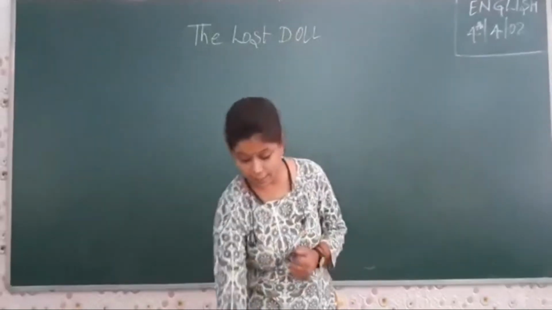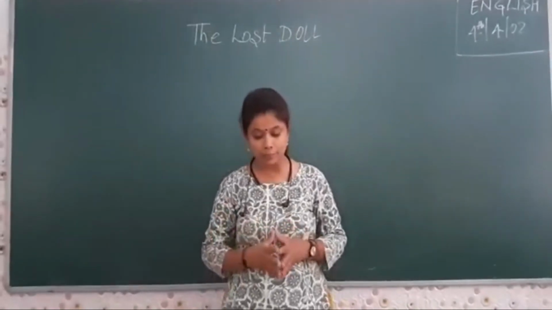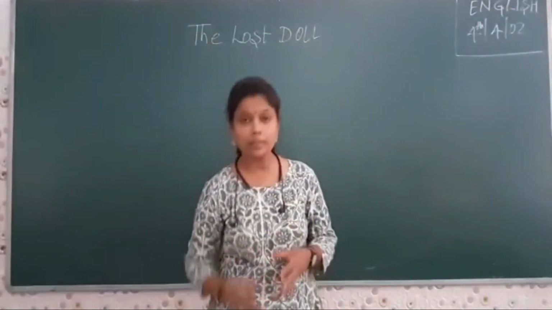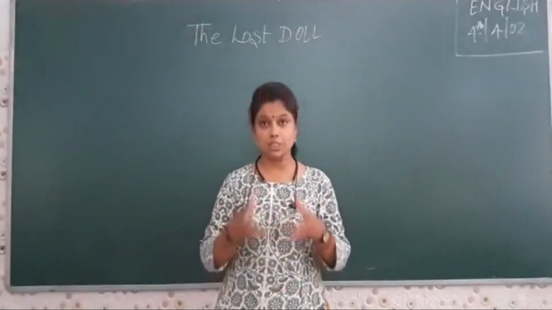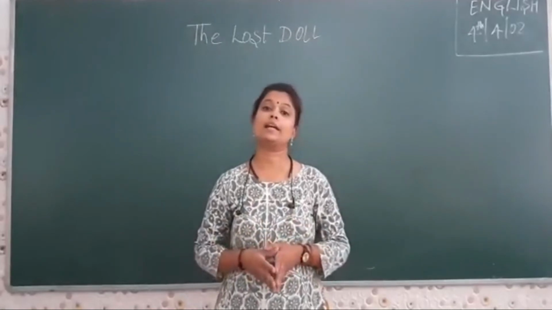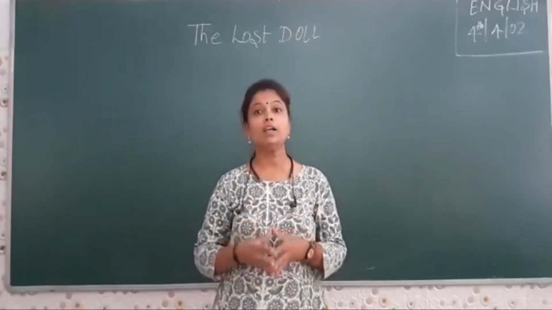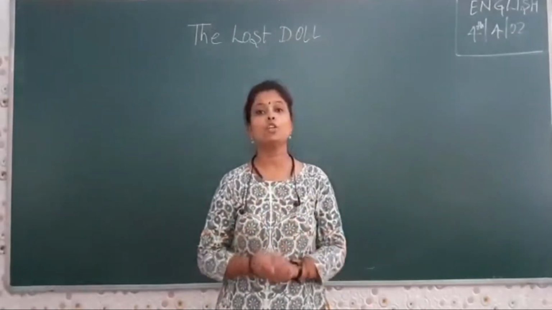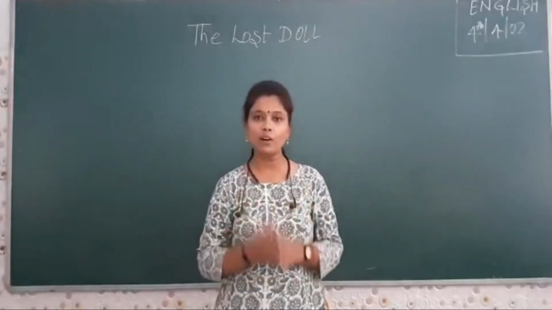Next, what do we have? Let's see the fifth one. The girl had lost her, what did she lose? Any toy, mother or a doll? So the correct answer is doll. The mother? Did she lose the mother? No. She lost the doll.